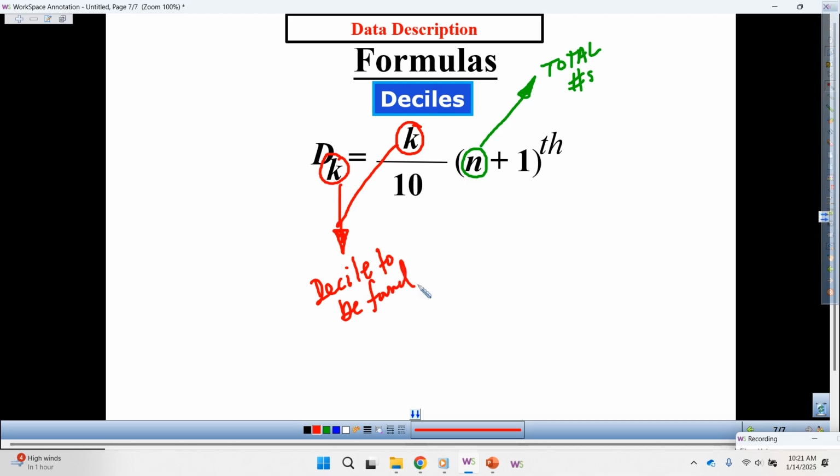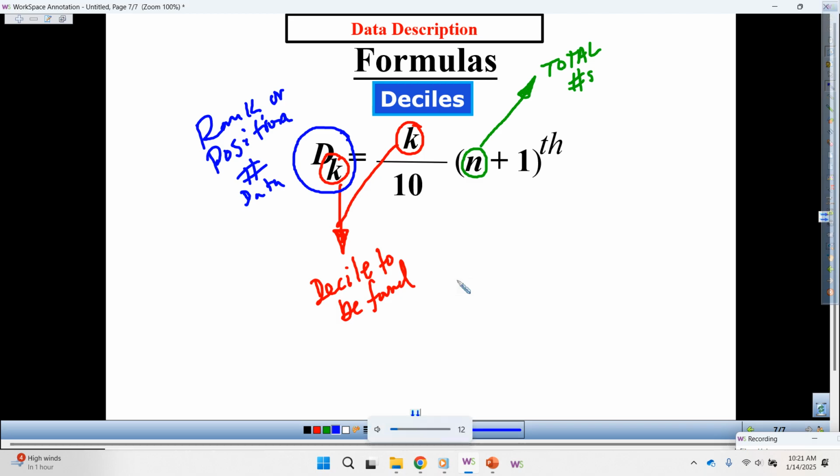So on the problem, they're going to ask you to find a particular decile. However, this formula all corresponds to d of k. So circle d of k completely in blue. And what are we looking for with this whole formula? We're looking for the rank or position of a number or of a data.